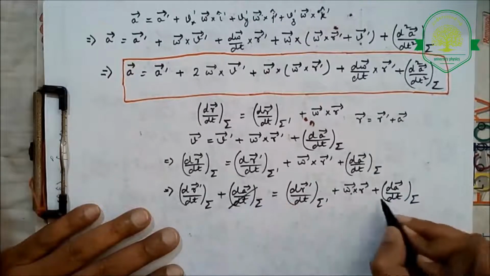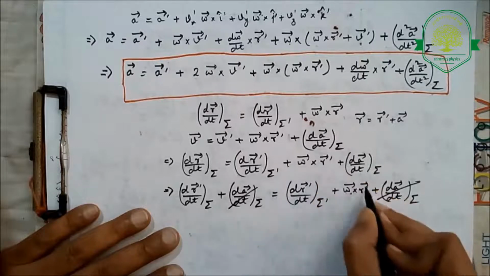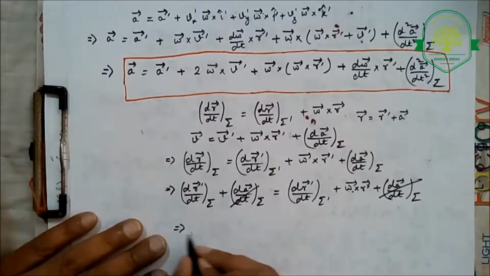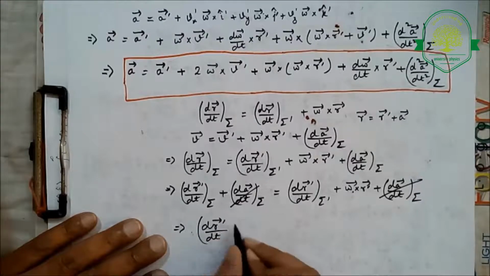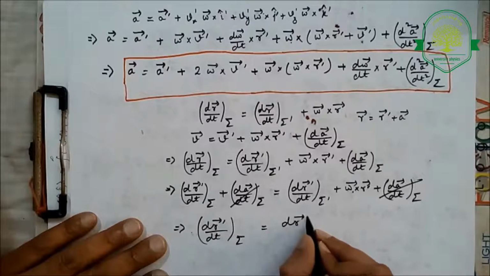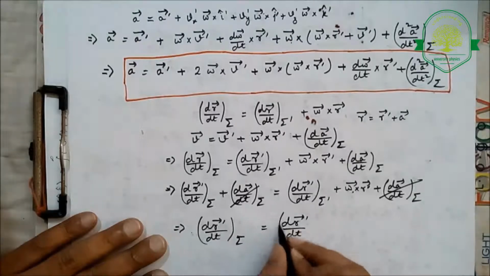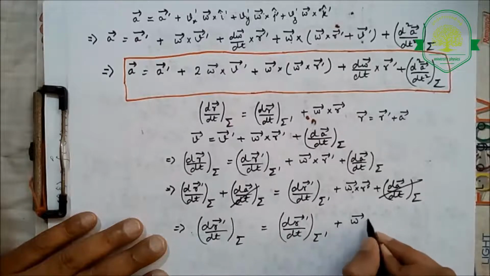These two terms will obviously cancel out. I'm sorry, there's an r primed here. So we get dr primed over dt as seen from sigma frame of reference equals dr primed over dt as seen from sigma primed frame of reference plus omega cross r primed.